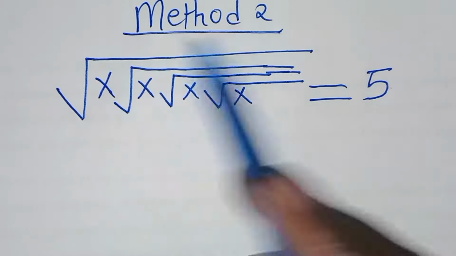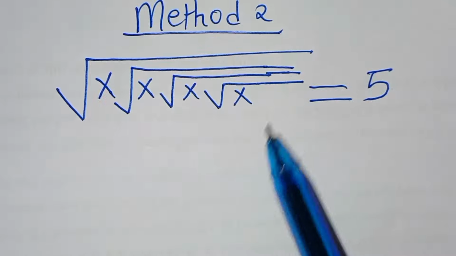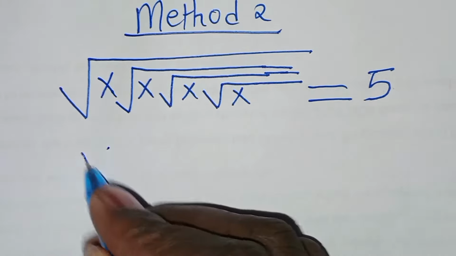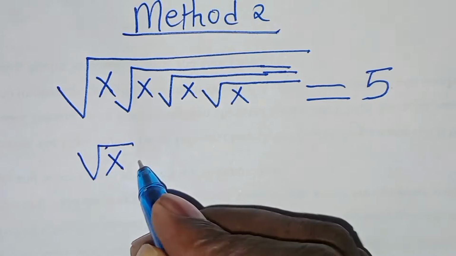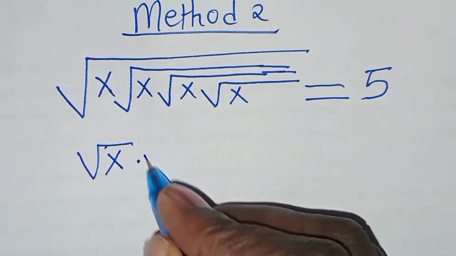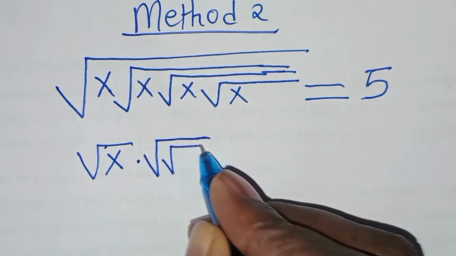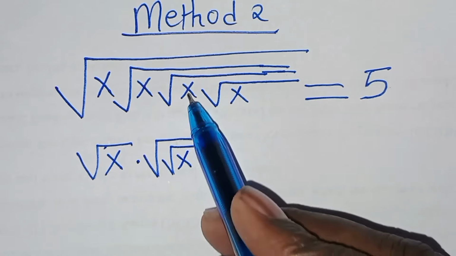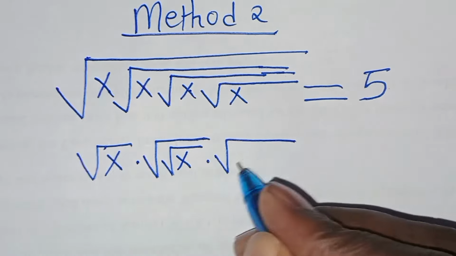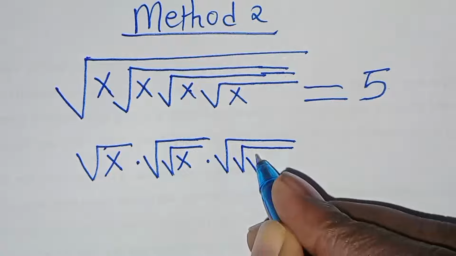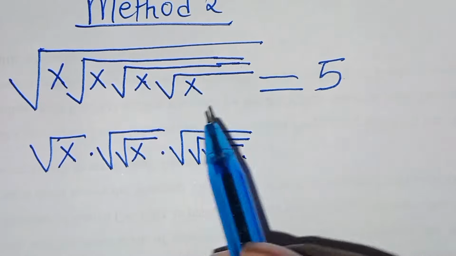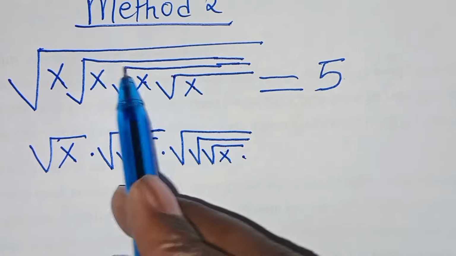Now, applying method 2, we can solve for the value of x by applying this step. This x is under 1 square root, so this is the same thing as square root of x, then multiplied by this x under 2 square root signs, so this is the same thing as square root of square root of x, multiplied by x under 3 square root signs, so we have square root of square root of square root of x, multiplied by x under 4 square root signs. 1, 2, 3, 4.